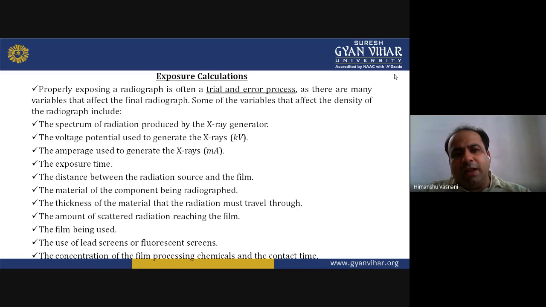The proper exposure is often a trial and error process, as there are many variables that affect the final radiograph.